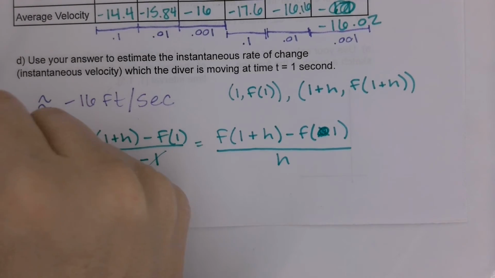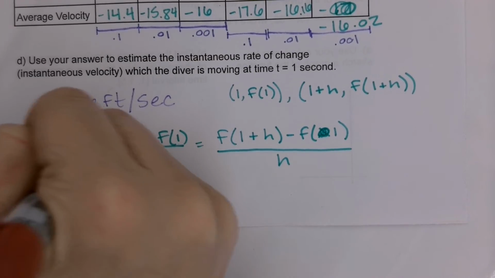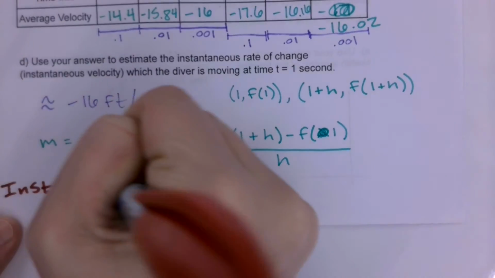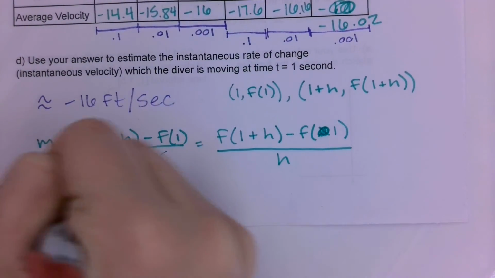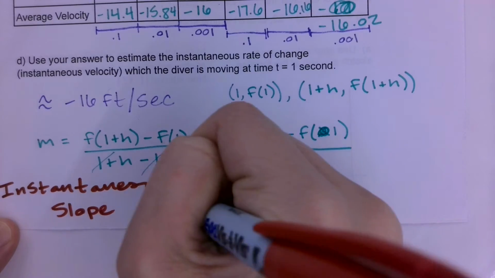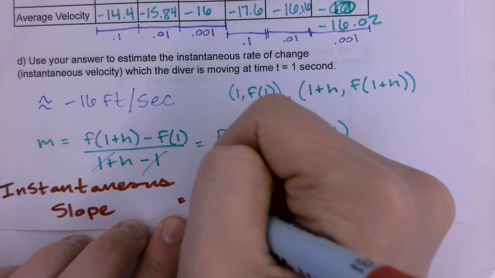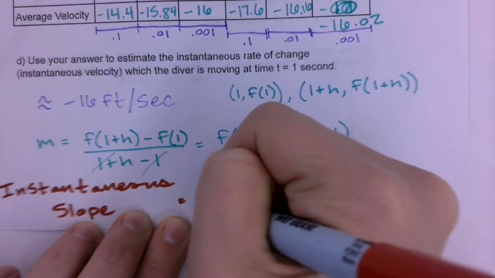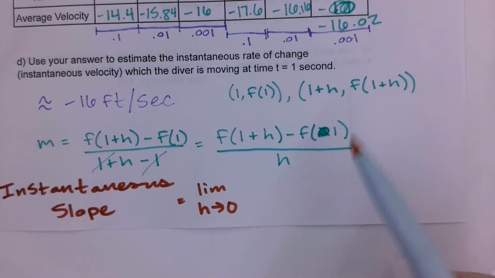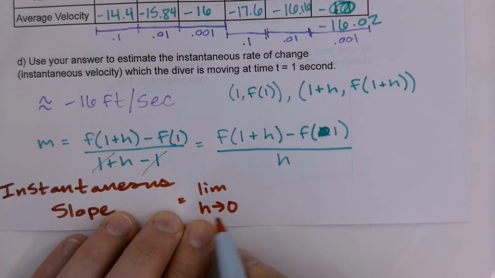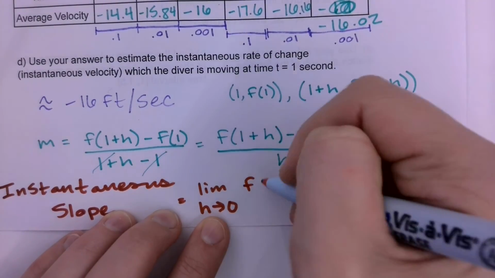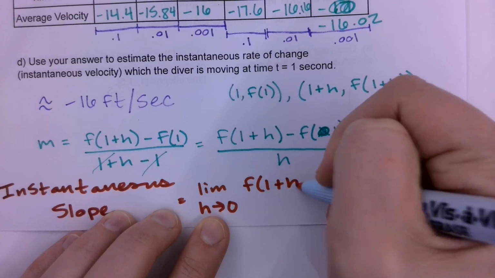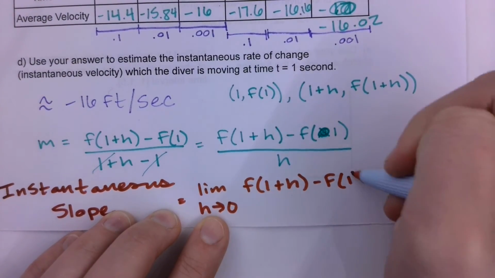So our instantaneous slope is going to equal the limit as our h goes to 0, because remember that h is whatever we're adding or subtracting from 1. So that length of the interval, that's our h. We're looking for that h to go to 0 of f of 1 plus h minus f of 1 over h.